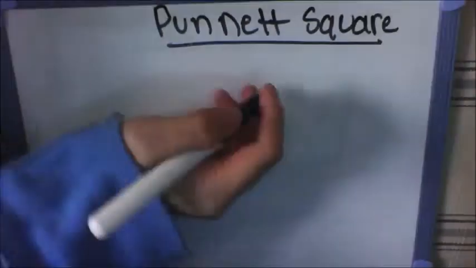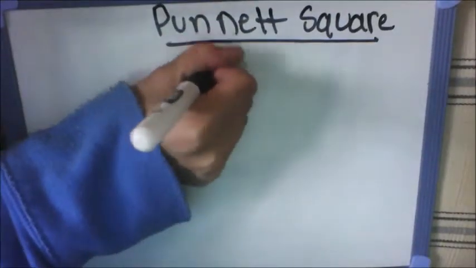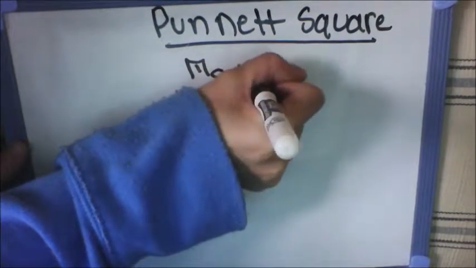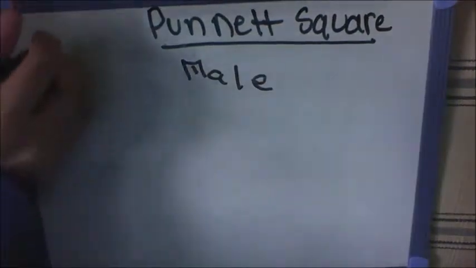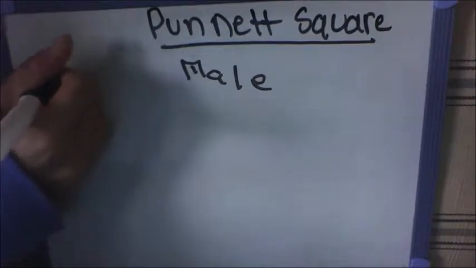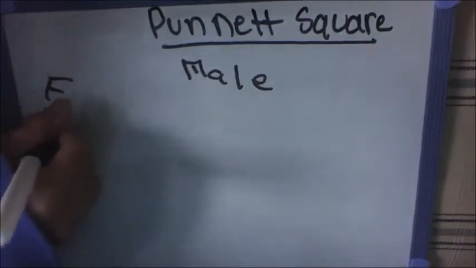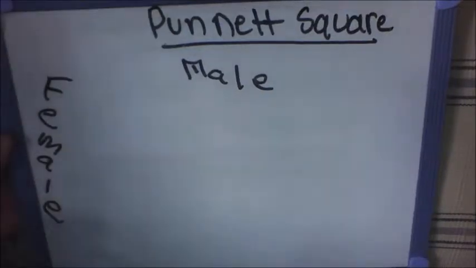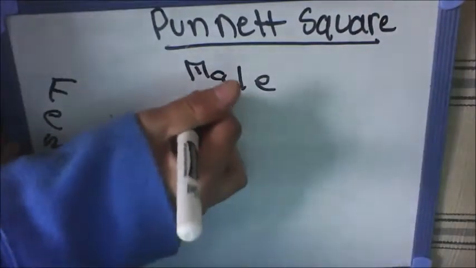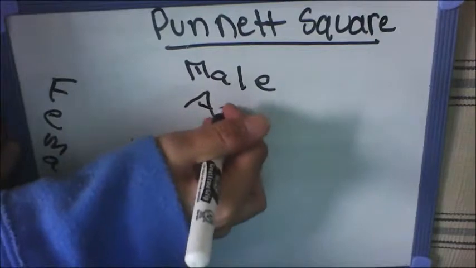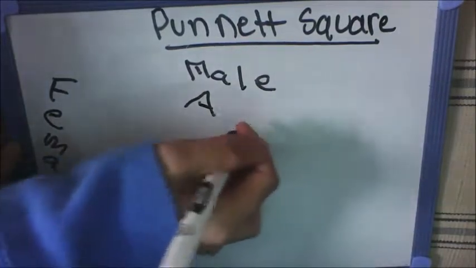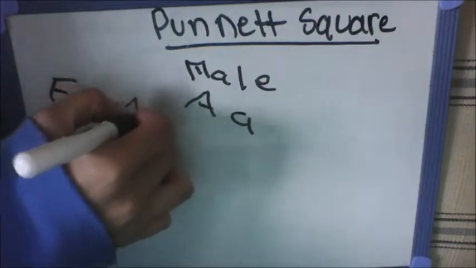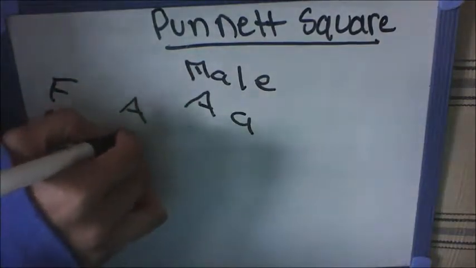So say you have a male and female. They both have heterozygous traits: capital A and lowercase a, and the female also has capital A and lowercase a.